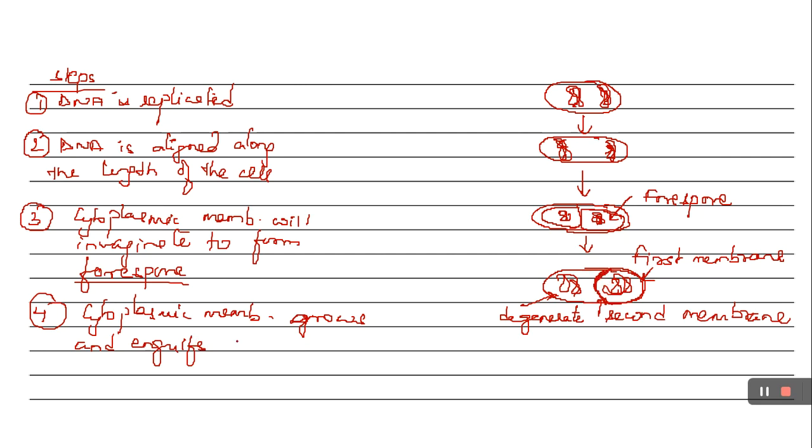It engulfs the forespore within and forms a second membrane. Okay, and this one will degenerate.